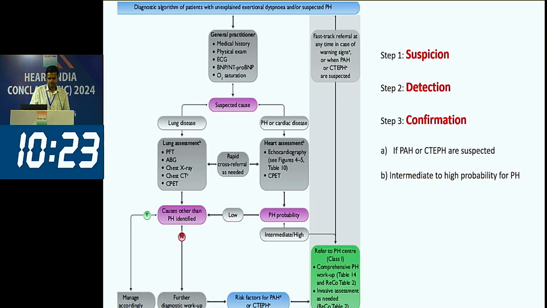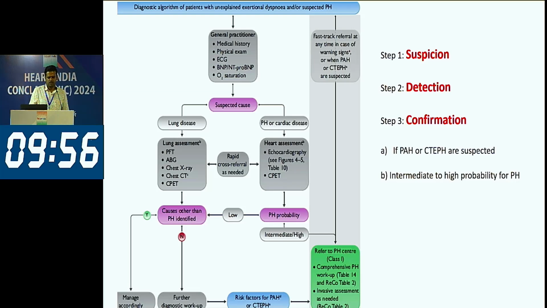Now coming to the diagnostic algorithm, it has been made very simple in the current ESC guideline. First, at the physician level, there is suspicion. In a patient with unexplained dyspnea or fatigue on exertion, always suspect pulmonary hypertension on the background of proper medical history, physical examination, ECG, biomarkers and oxygen saturation.